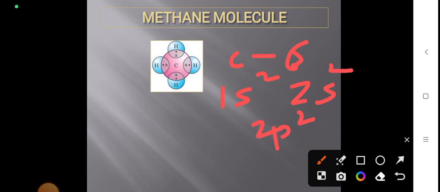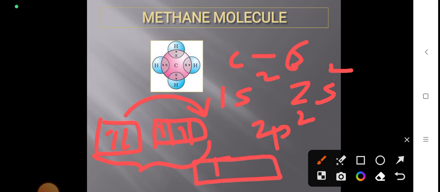So now let's focus only on the valence electrons. So we have 2s and 2p. Now according to hybridization, one of the electrons from 2s will jump to 2p. Totally there will be 4 half-filled orbitals, that is sp3 hybridization.